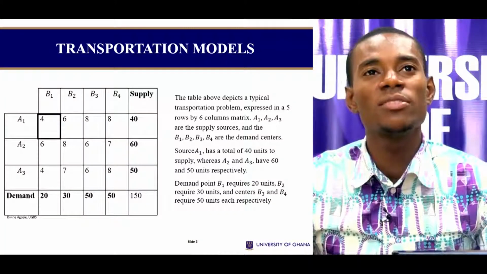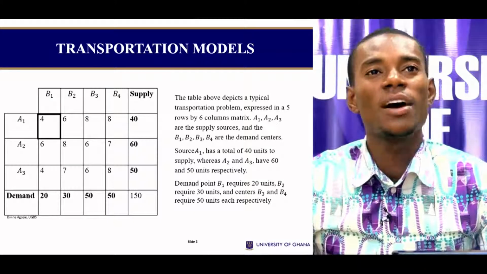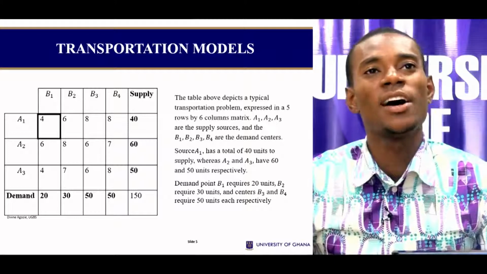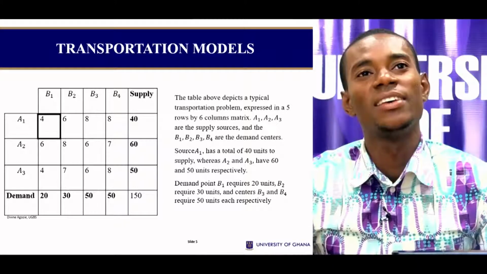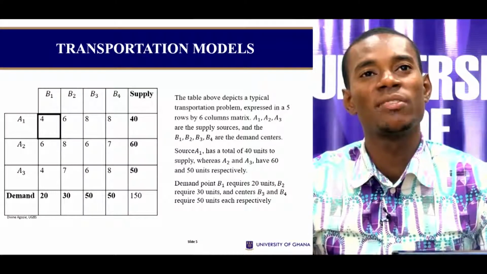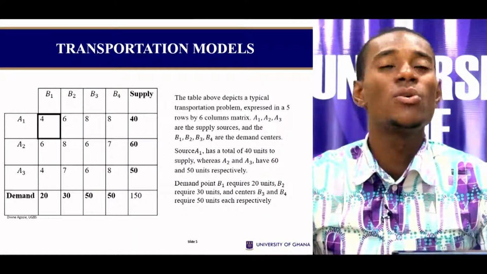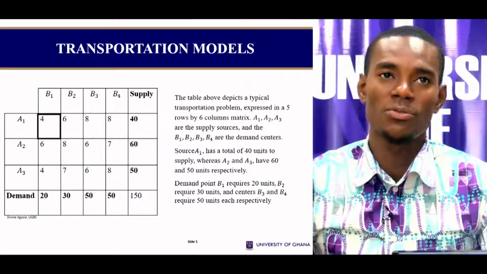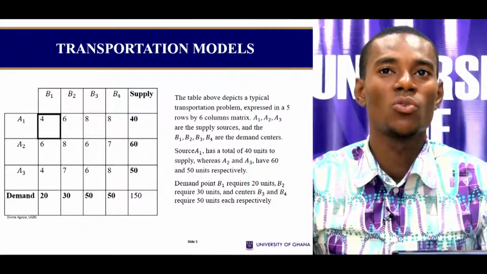Now, in between these, you have some cells with some numbers written in them. So you have one cell highlighted and you have 4 in it, then by 8 you have 6, 8 in that order. Those values you find in there are the unit costs of transportation, the per unit costs.